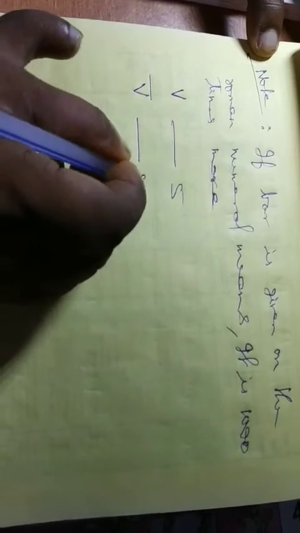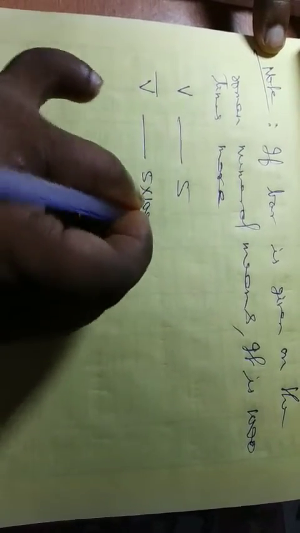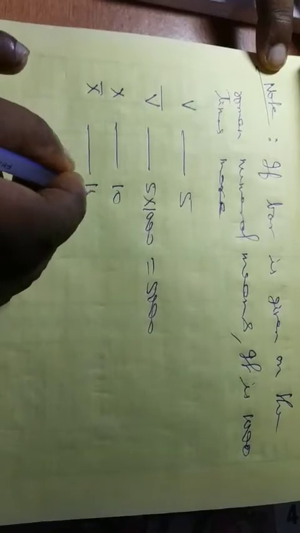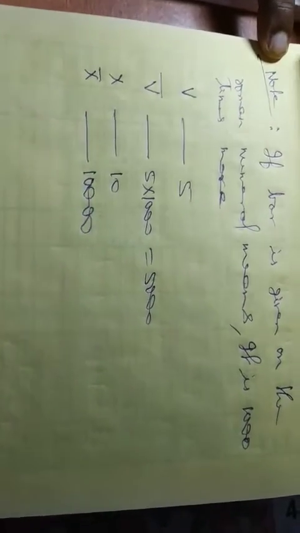If V means 5, what is the meaning of V bar? It means 5 into 1000, that is 5000. X means 10, but what is the meaning of X bar? It is 10,000. Okay, students?